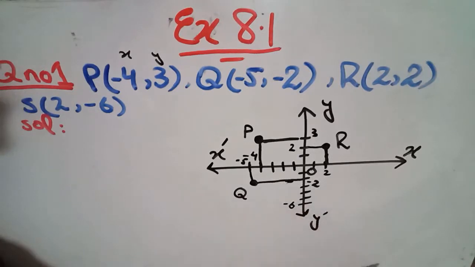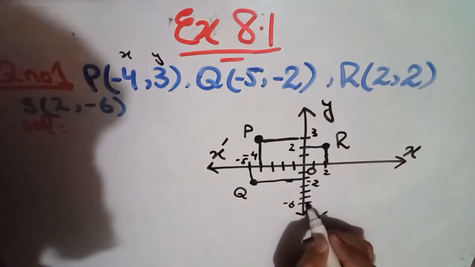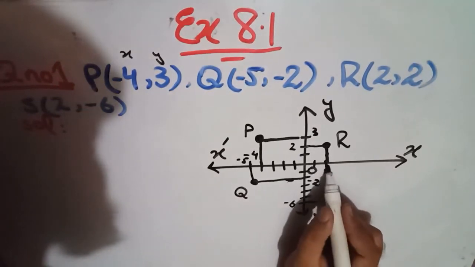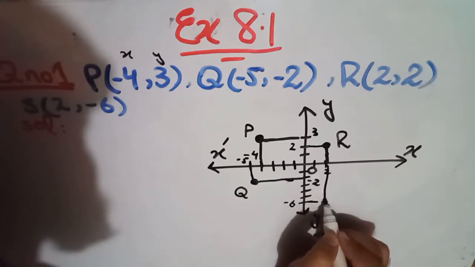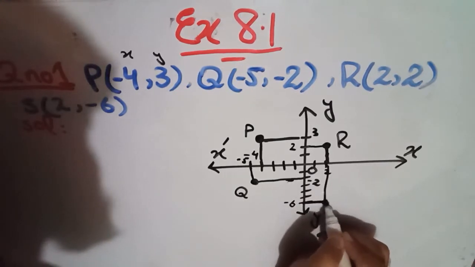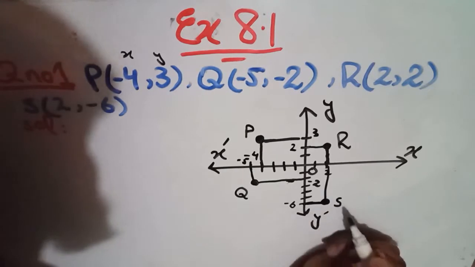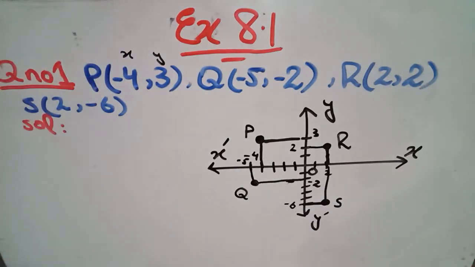You can simply represent it like, so this is the name of this point S, P Q R and S. You can represent these points like as. Okay, so first question is done.